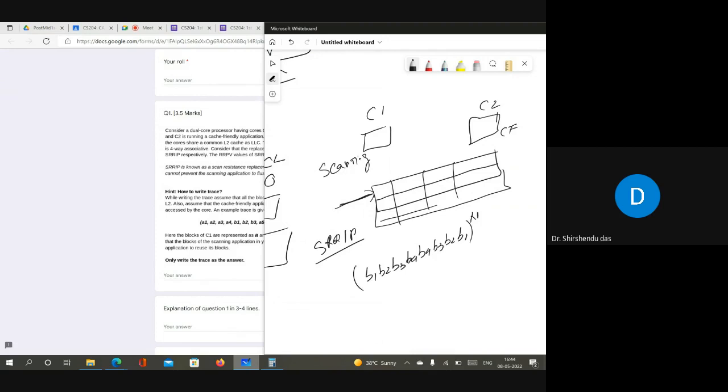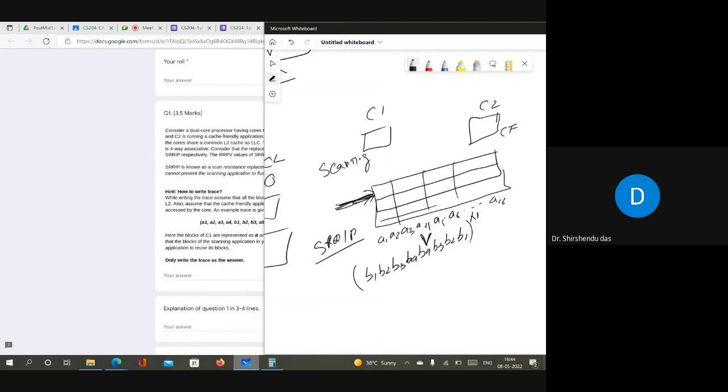So suppose somewhere here a scanning application suddenly starts: A1, A2, A3, A4, A5, A6, up to A16 kind of thing. There is a long scanning application here. If the underlying replacement policy is LRU, then that scanning application can flush the entire set. Again, we are only concentrating on one set.